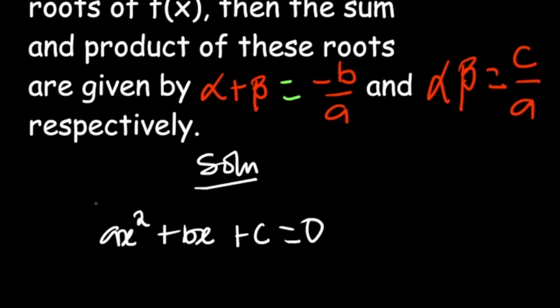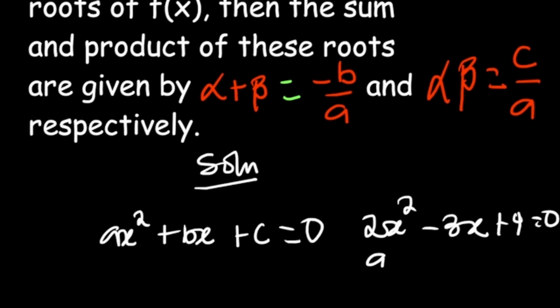The number that comes in front of the x squared is our a. Let me show you what I mean. Suppose we have 2x squared minus 3x plus 4 equals 0, right? Now, this number in front of the x squared is our a. The next one that is attached to the x is our b, which is negative 3.